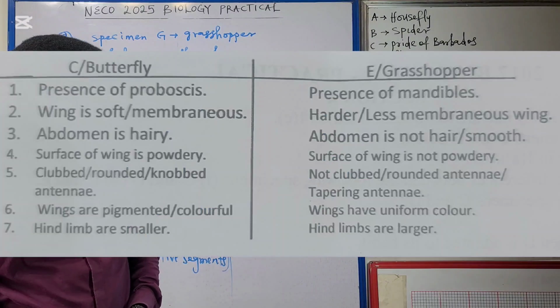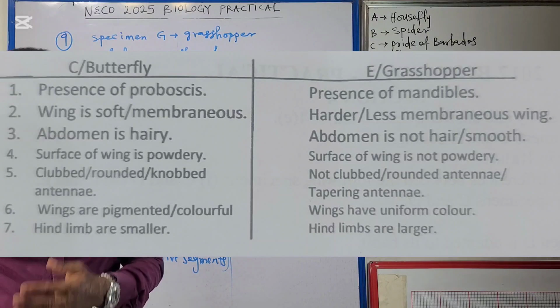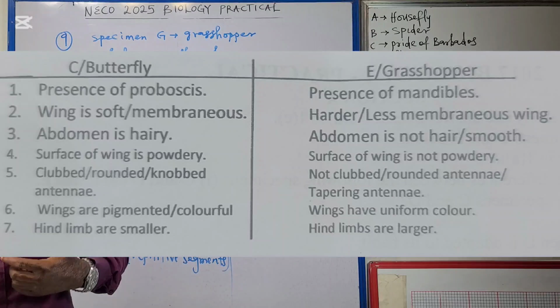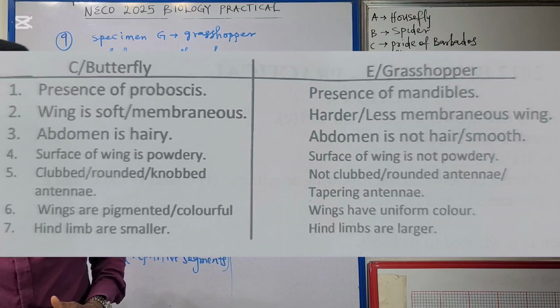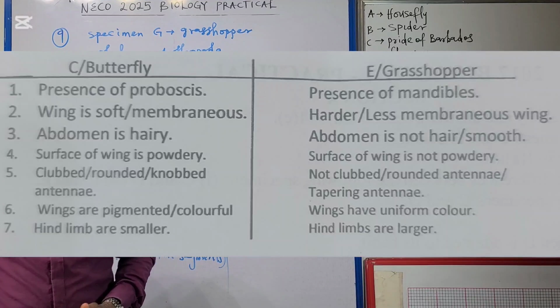Talking about butterfly and grasshopper, both are arthropods and both belong to the class Insecta. You know the reasons, we've stated them over and over. Let's look at the differences between specimen E and specimen G.